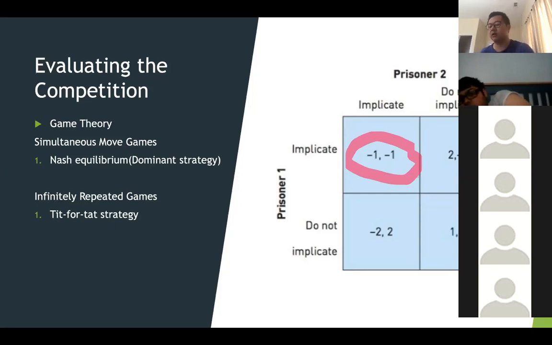Because in a real situation, every company can move after every other company finishes its move for this time, right? So in reality, every company chooses the tit-for-tat strategy. But ideally, sometimes we can talk about the Nash equilibrium.